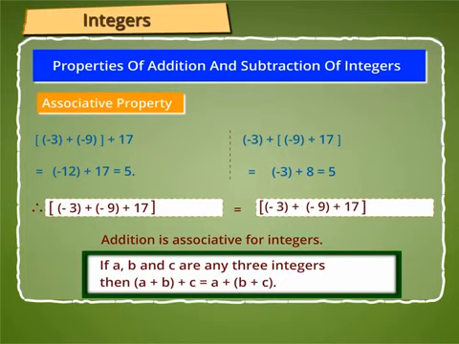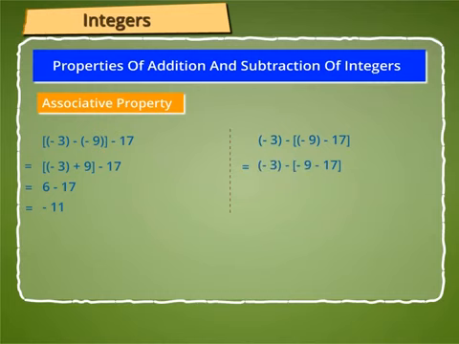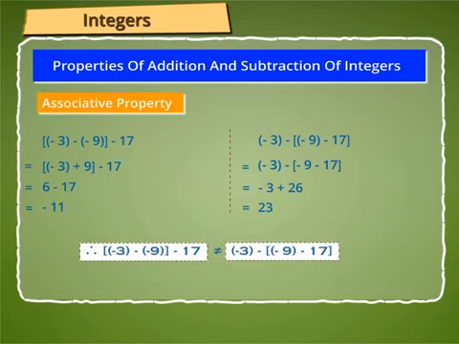Again, (minus 3 minus minus 9) minus 17 is equal to minus 3 plus 9 minus 17 is equal to 6 minus 17 is equal to minus 11. And minus 3 minus (minus 9 minus 17) is equal to minus 3 minus (minus 26) is equal to minus 3 plus 26 is equal to 23.